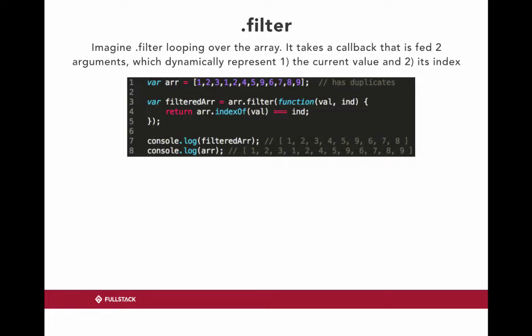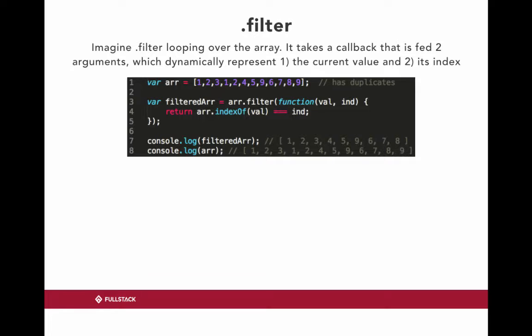And remember, indexOf returns the first occurrence of whatever you call it on in the array that you call it on. So, for example, array.indexOf(2) is going to be 1, because the first occurrence of 2 is in position 1 in the array. Is that cool? And array.indexOf(3) is going to be 2, because the first occurrence of 3 is in the second index of that array.